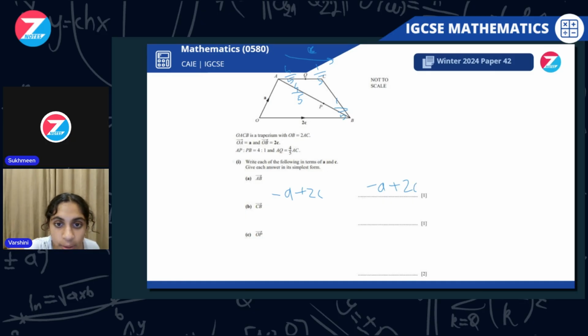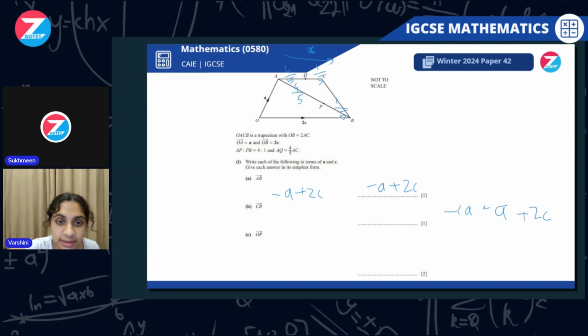CB. So they want from this point to reach this point. That's going to be minus CA plus minus A and plus 2C.